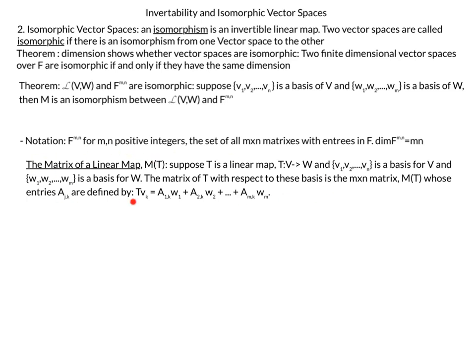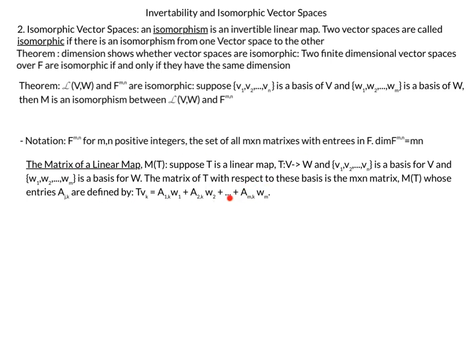The other definition I want to remind you of is the matrix of a linear map. So M of T. If T is a linear map from V to W, V1, V2 up to Vn is a basis for V, and W1, W2 up to Wm is a basis for W, then the matrix of T with respect to these bases is the m by n matrix given by M of T, whose entries A sub jk are defined by T of Vk is equal to A1k W1 plus A2k W2 up to Amk Wm.